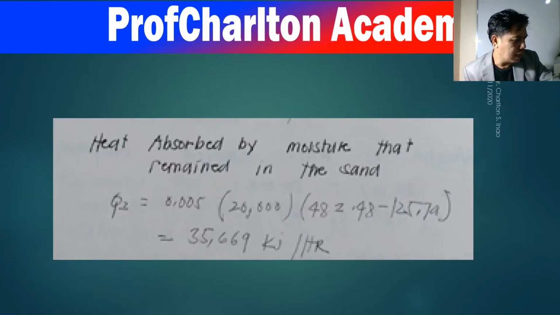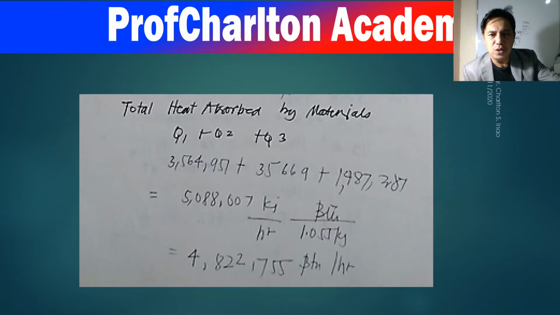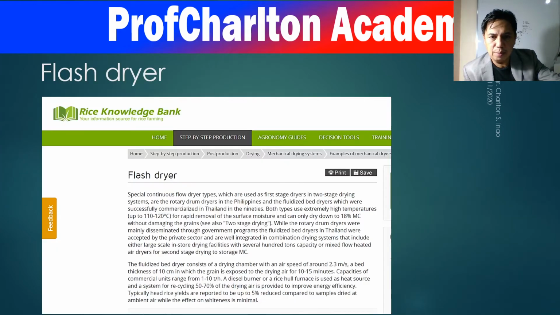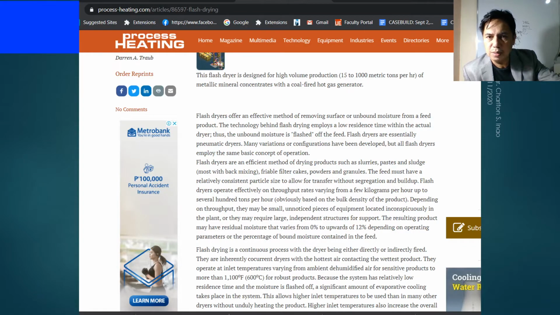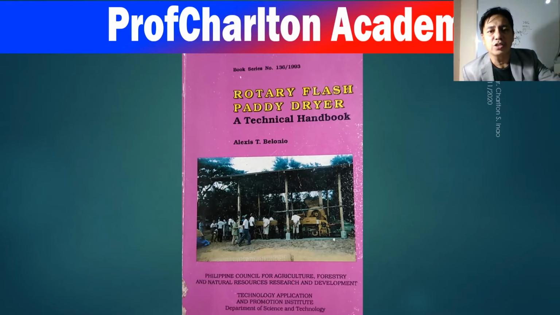I did research on this when I was working with the DOST MIRDC, where we had a project on coconut processing, coconut coir, coconut husk. I visited the University of the Philippines Los Baños, and there is another agency, PCARRD, the Philippine Council for Agriculture, Forestry, and Natural Resources Research and Development.